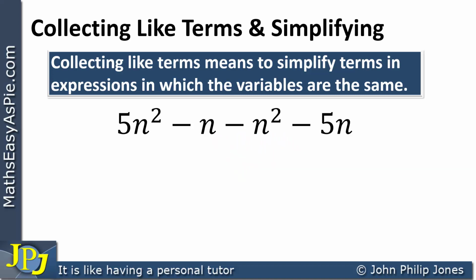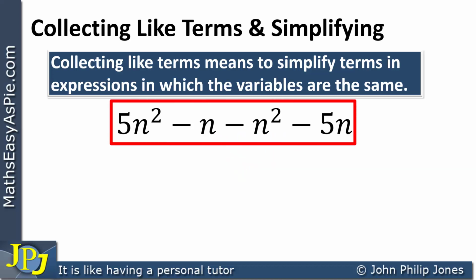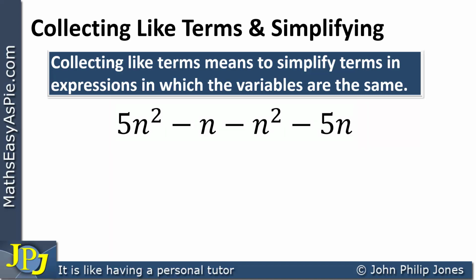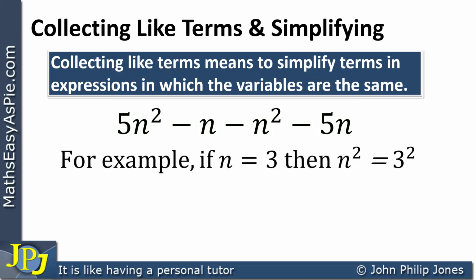Now, remember, throughout this expression, n is a variable, which means it can take up a value. So if we were to consider a typical value for n, in other words, n equals 3, then we can see that this is worth 3, and this is worth 3, and in fact here we've got 5 lots of 3, whereas here we've just got n by itself.